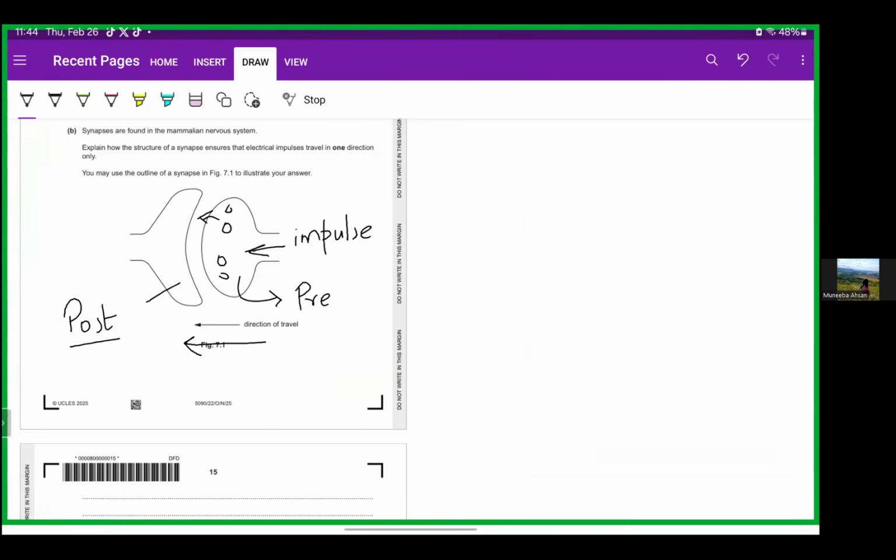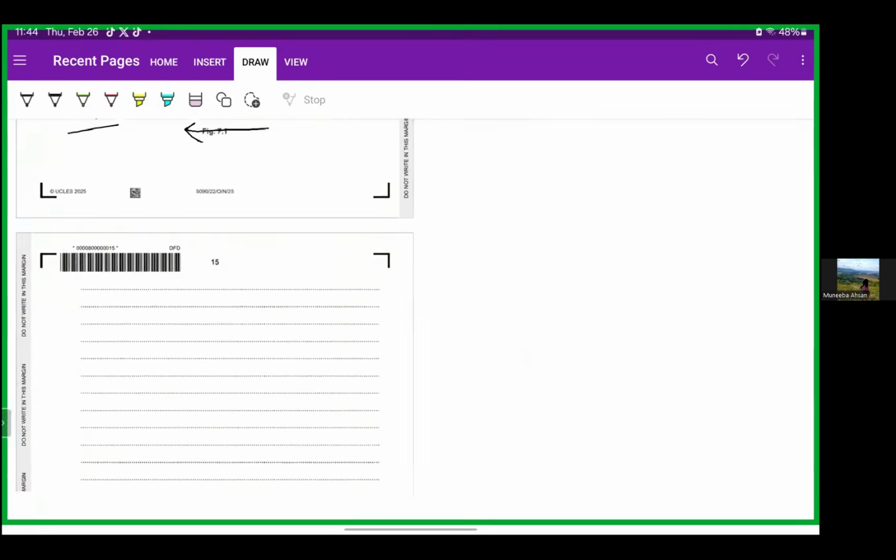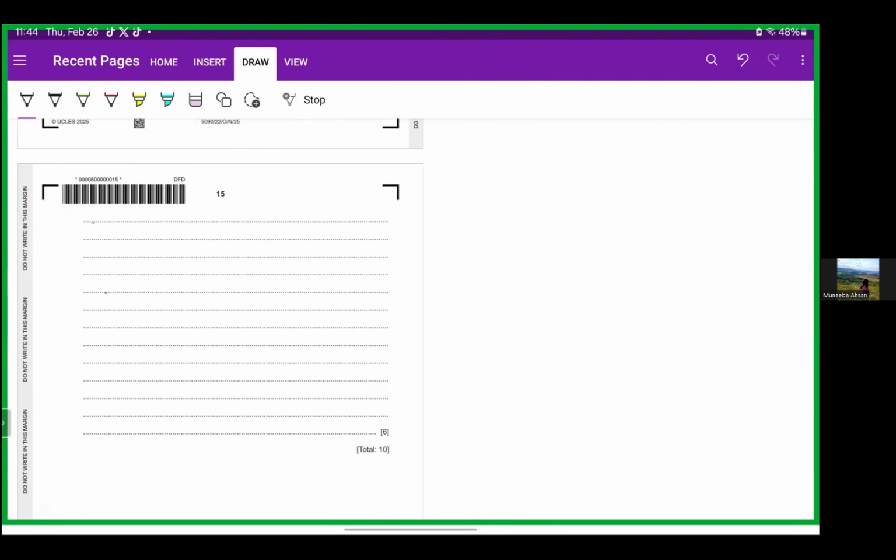And when they diffuse through the synapse, the neurotransmitter receptors are present on the postsynaptic neuron. So those neurotransmitters will bind there and produce an effective response. So let's quickly write the important points. So what happens?